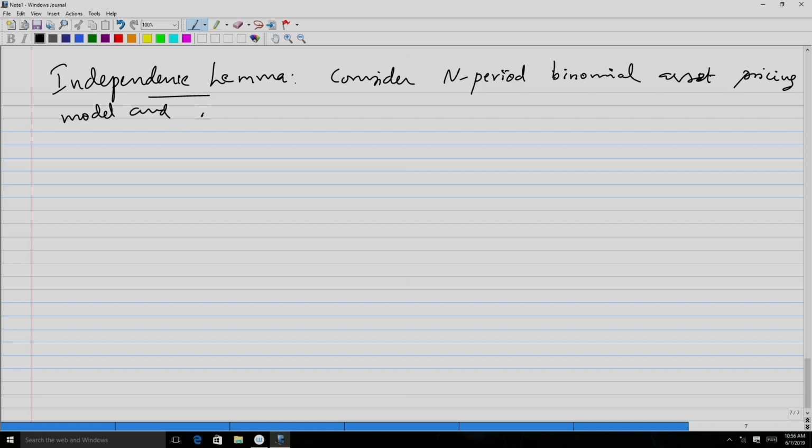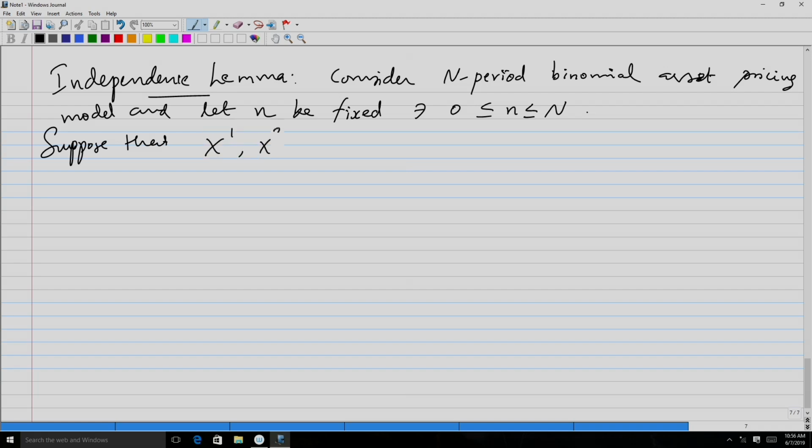and let n be fixed such that n is between 0 and n. Now, suppose that there are k random variables that you are picking, which we call x1 to xk. This is not a square, but just a superscript which we are using.